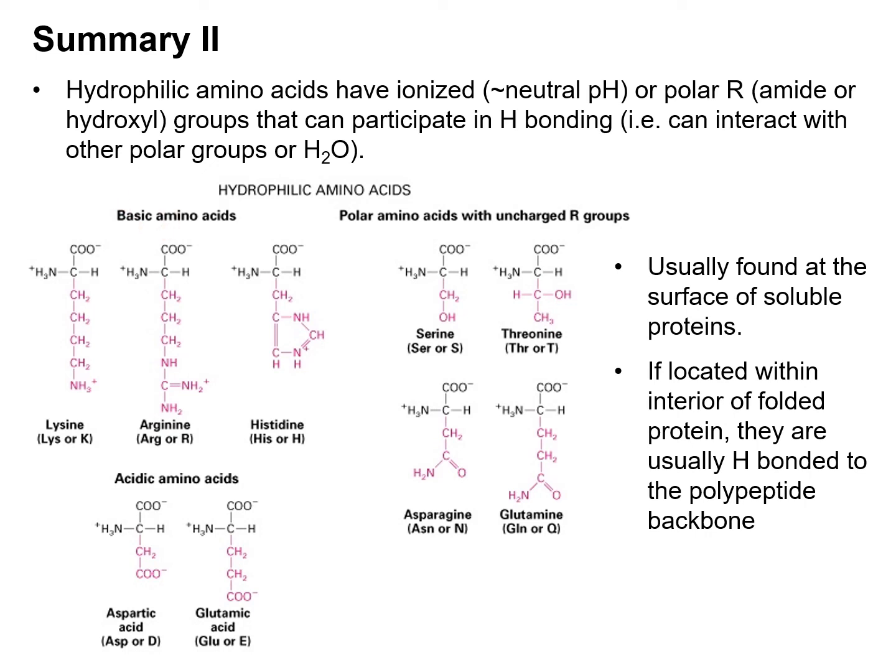They're usually found on the surface of soluble proteins because they can readily interact with water molecules. But they can also be buried inside the protein, mostly for interacting with other polar molecules, such as other residues inside that protein.